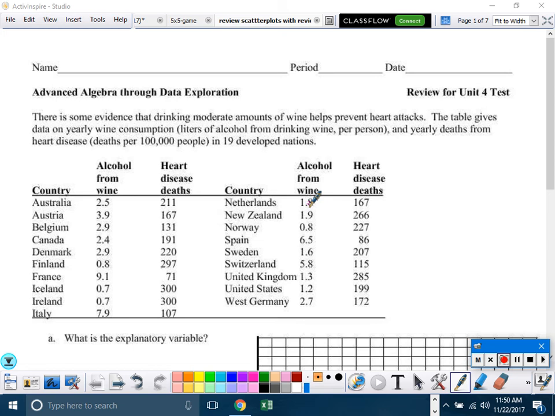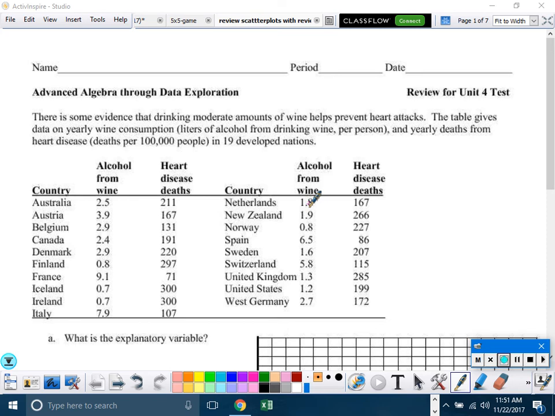There is some evidence that drinking moderate amounts of wine helps prevent heart attacks. The table gives data on yearly wine consumption, measured in liters of alcohol from drinking wine per person, and yearly deaths from heart disease, measured per 100,000 people in 19 developed countries.